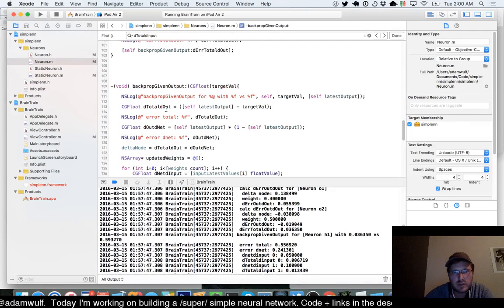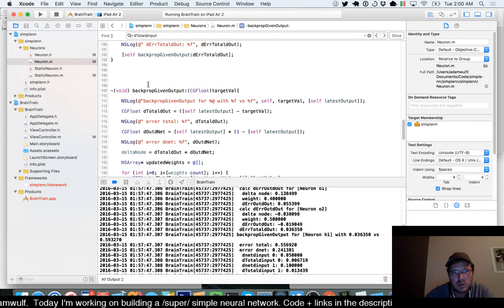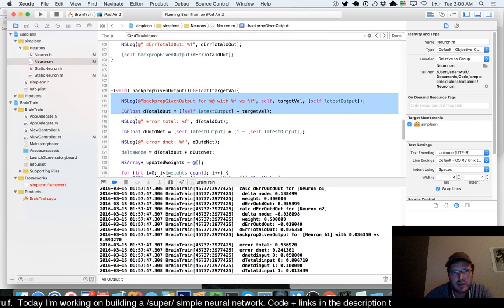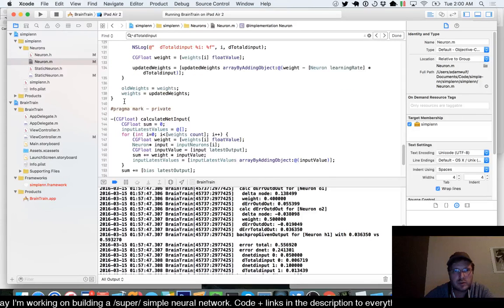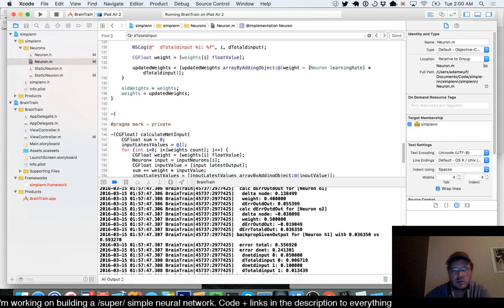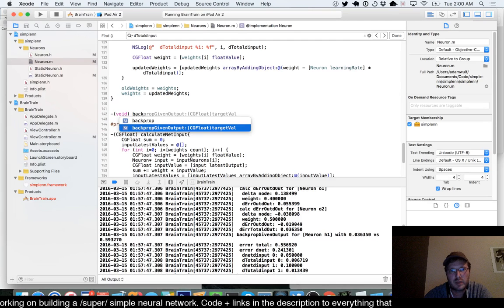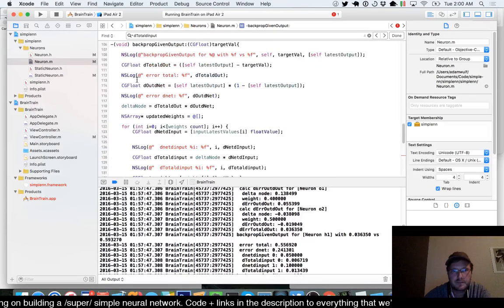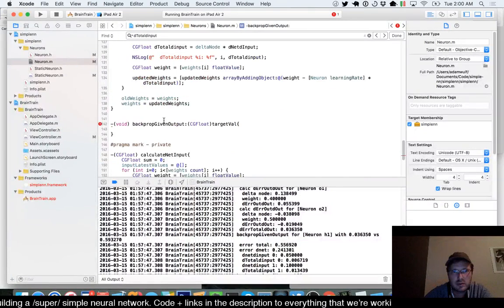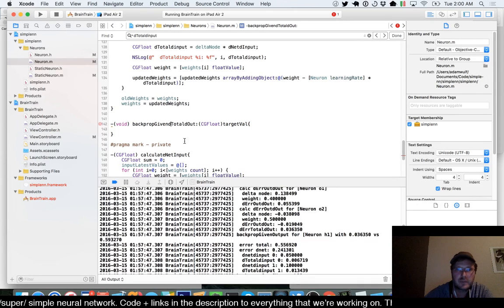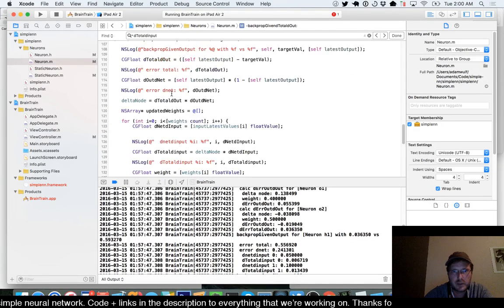What we actually want to do, we want to cut this step out, right? So given output, we want to do backprop given that.